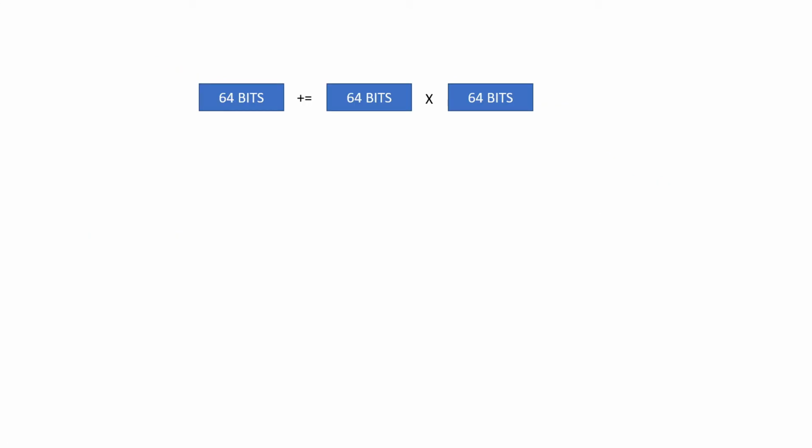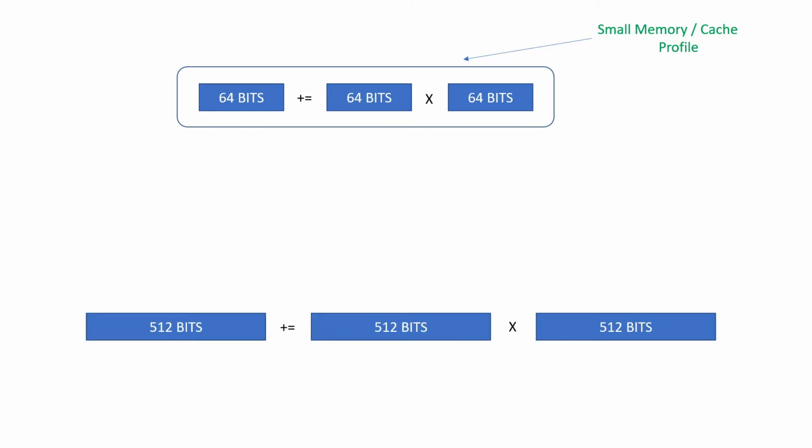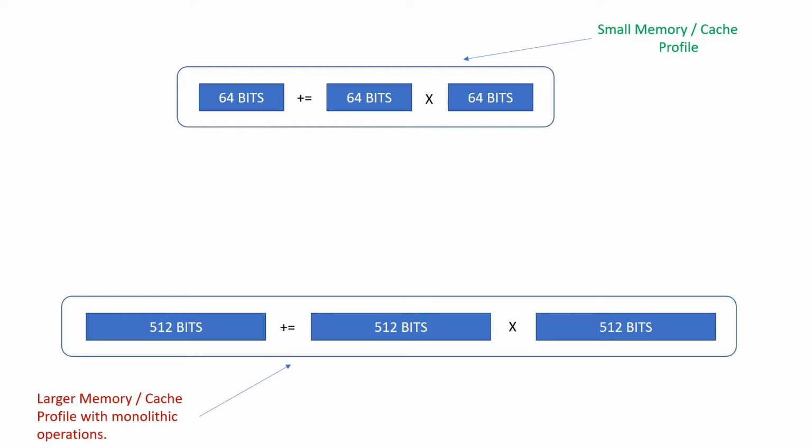Moving on. Here we have a multiply accumulate operation. It represents a very small memory and cache profile, meaning it'll run very quickly. It'll perform very well. Consider the same multiply accumulate, but with a 512-bit scalar integer. This has a very large memory and cache profile if we perform the operations monolithically.